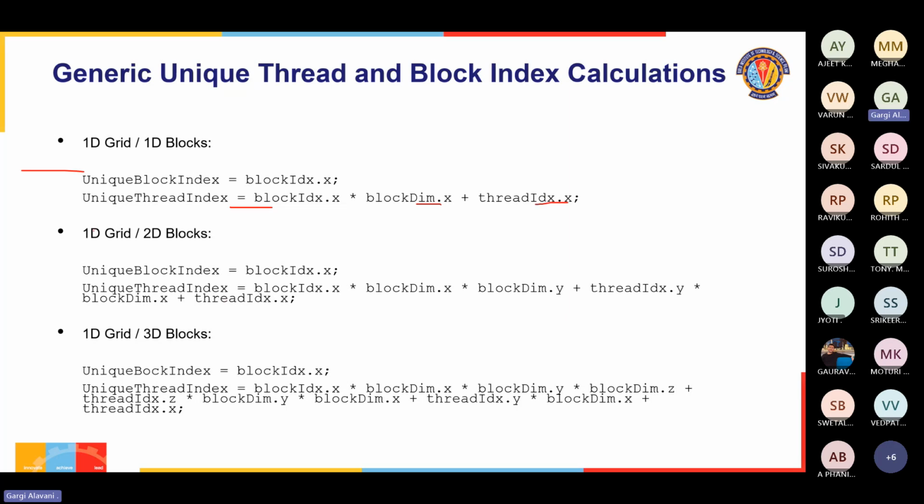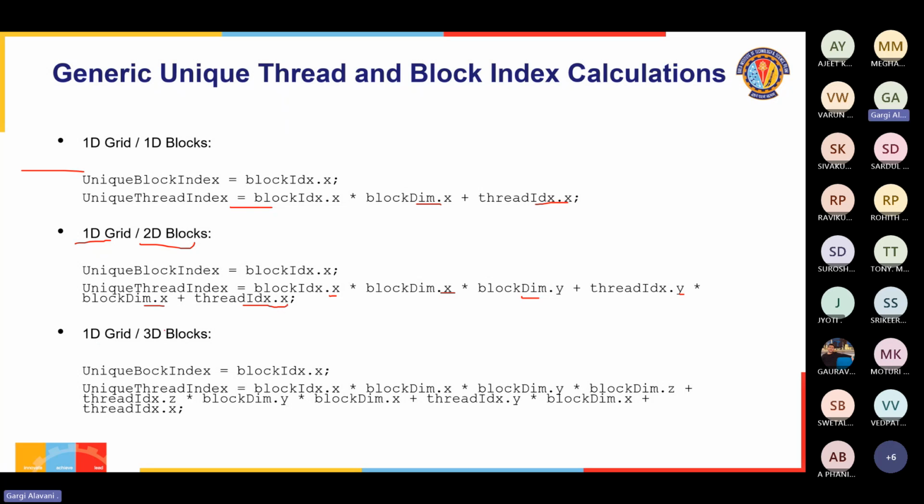If it is a 1D grid with a 2D thread block, in that case, you calculate the thread index by multiplying threadIdx.y into blockDim.x plus threadIdx.x.